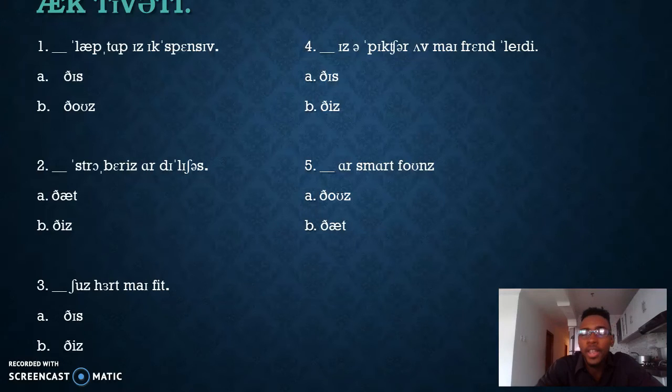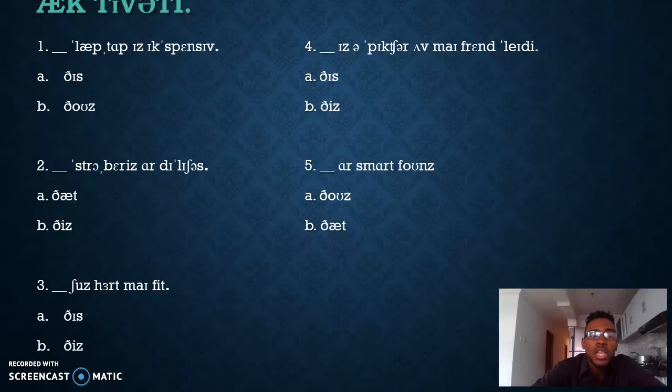Perfect, it is "this." This laptop is expensive, because I'm saying it's just one laptop. The second one: strawberries are delicious. What's the correct one?